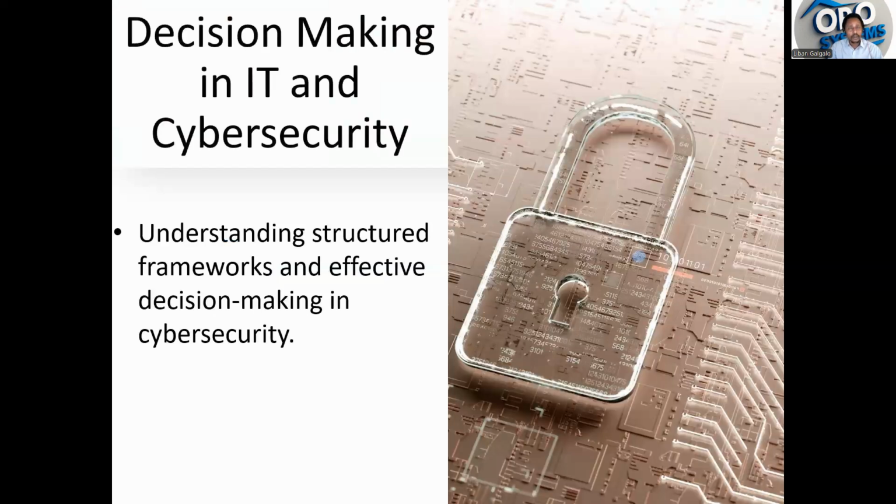The first thing that we are focused on is decision making in IT and cybersecurity. As the security concern in the digital world keeps growing, decision making is really critical. Understanding the structure of the different types of frameworks and effective decision making in cybersecurity is very essential.